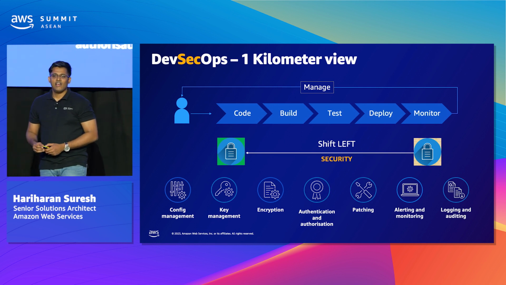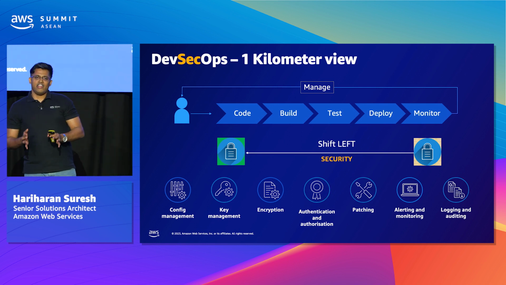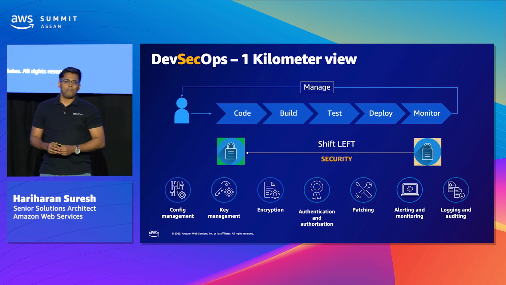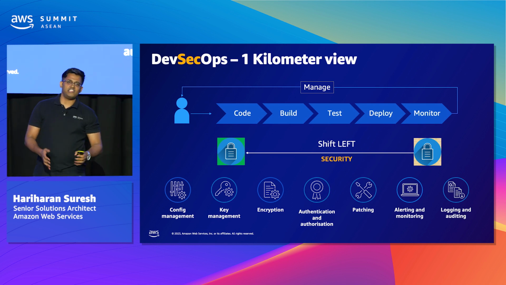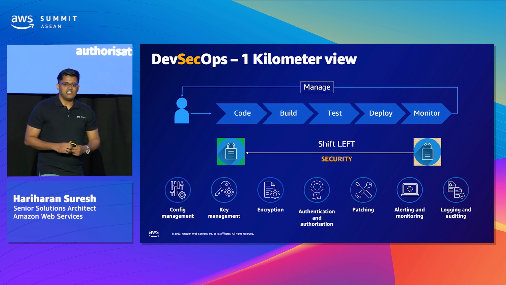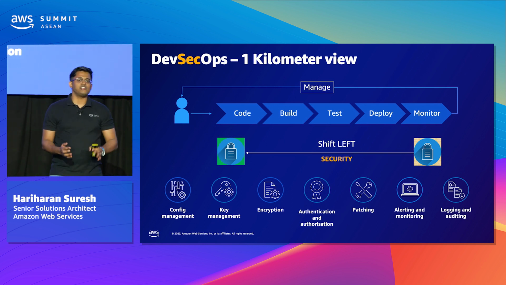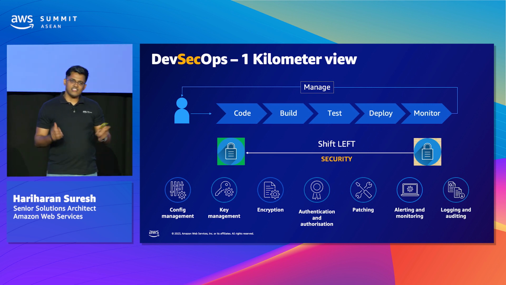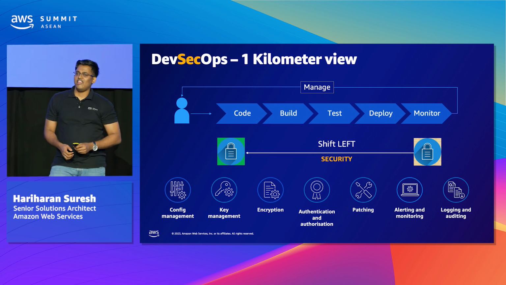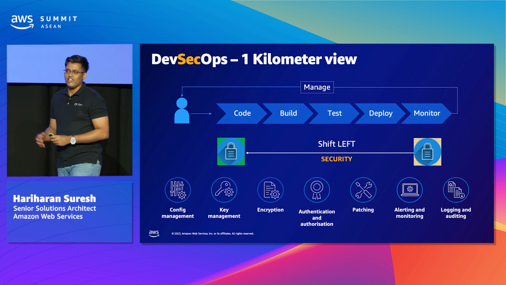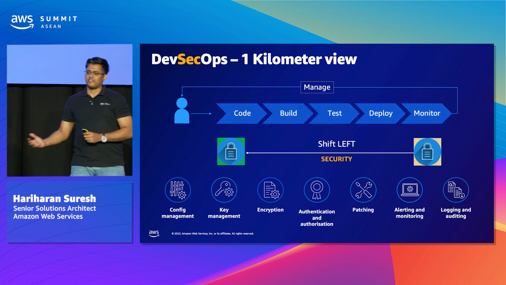Next, for strengthening your application security, we need to adopt a shift-left strategy with your DevOps. The security due diligence should be started at the very early stages of your development. In this slide, you can see broader aspects of security cutting across your CI/CD pipelines.